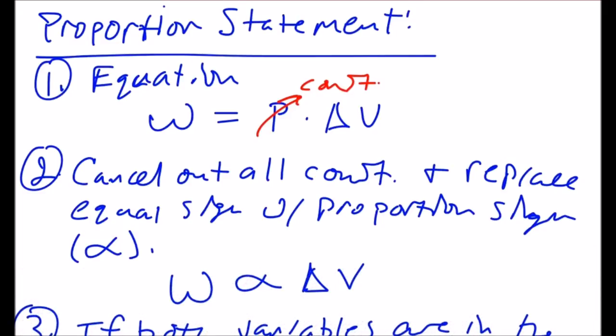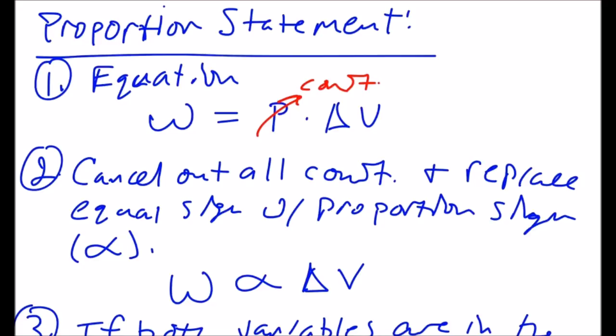Okay, so the first thing that you want to do is to write the formula, okay? Then the second thing is you're going to cancel out anything that is a constant, any variable that's being held constant in your formula. You're going to cross it out. And you also want to replace your equal sign with the proportion sign, which kind of looks like the alpha symbol that we're used to, but it's actually a little bit more elongated than a normal alpha symbol.